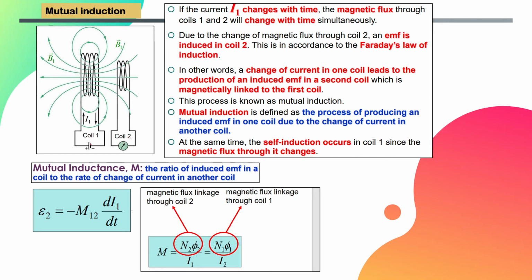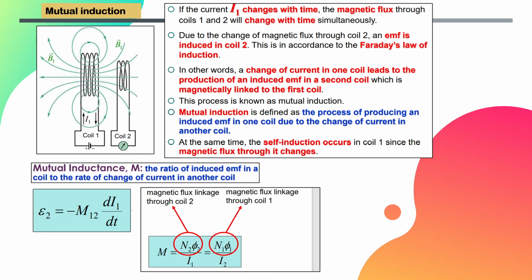Either we try to increase or we try to decrease the current in coil 1. If the current I1 changes with time, the magnetic flux through coil 1 and 2 also changes with time simultaneously. Remember, when there is a change of current in coil 1, there will be a change of magnetic flux in coil 1 and also coil 2.